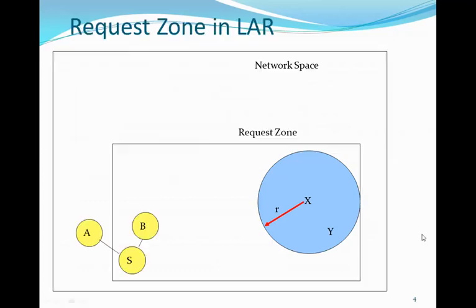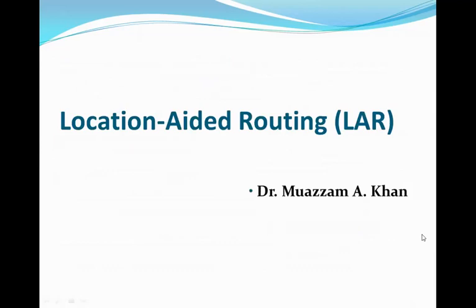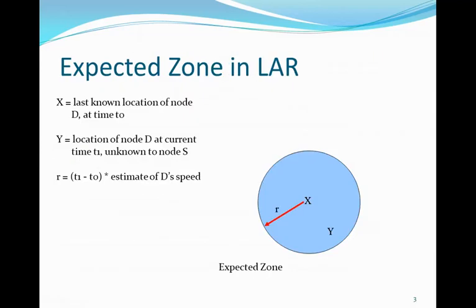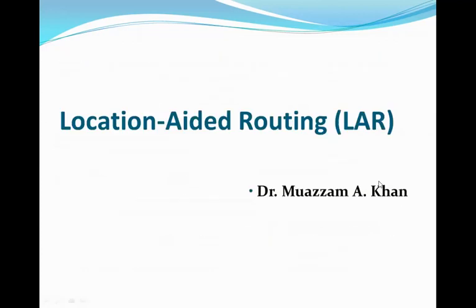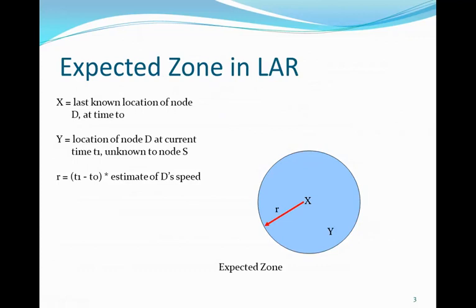You can also have a look over here at the expected zone, where we have X, which is the last known location for node D. And here we also have Y, which is the location of node D at the current time, that is T1. So T0 and T1, then we also check the radius of node X, that is what the zone actually is.